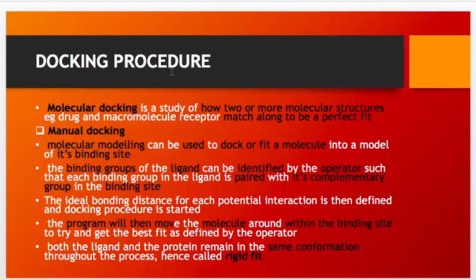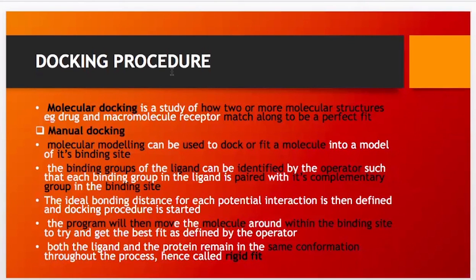You're trying to study how your drug or ligand is able to bind well to a binding site like a receptor. For these procedures, we have manual docking, and then there's automatic docking. Manual docking, with the molecular modeling application concept, can be used for fitting a molecule into its binding site.